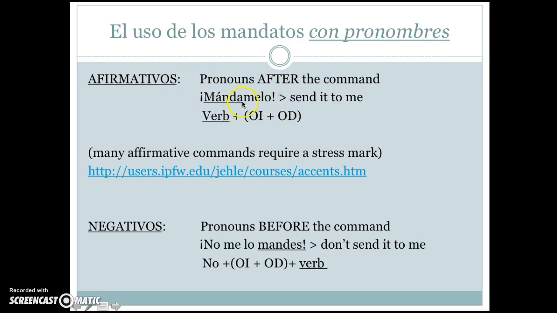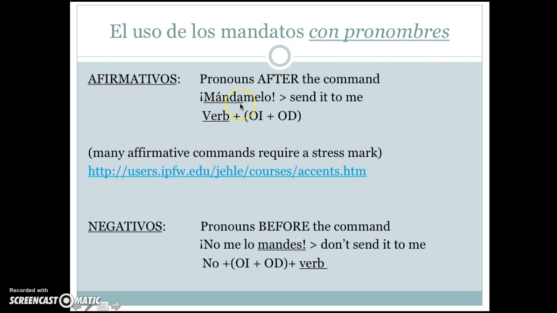So for mandar, if we have an affirmative tú command, we conjugate that verb regularly for tú, mandas. You take off the S. You're left with manda. Now, if I want to say send it to me, and I have object pronouns, the order is always going to be indirect first, then direct.